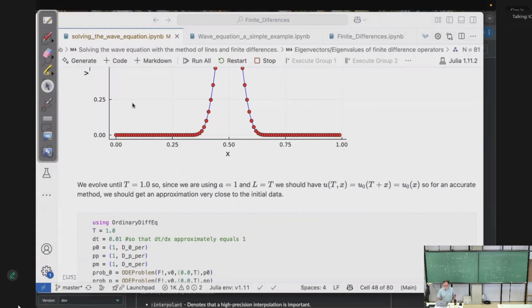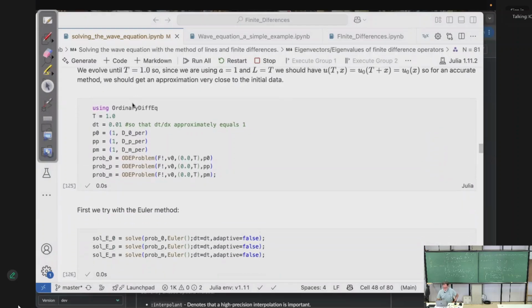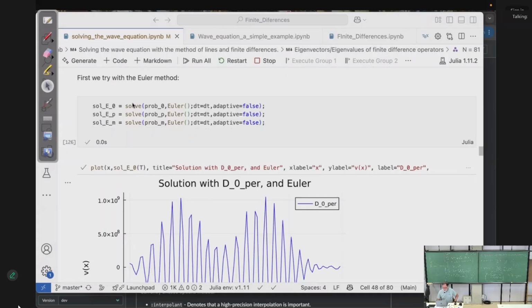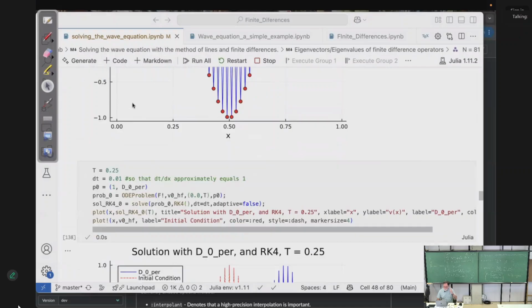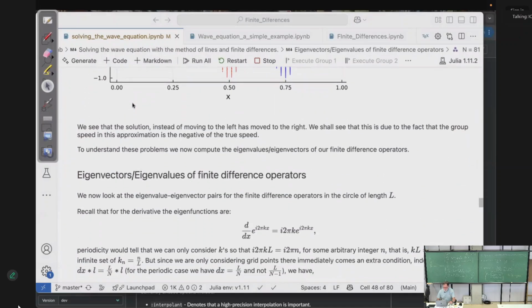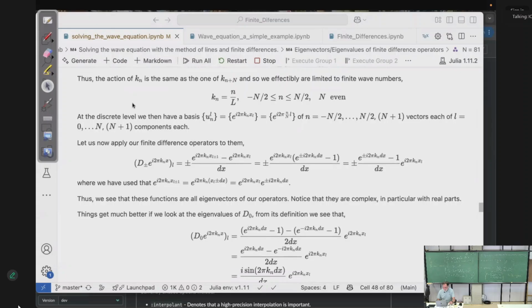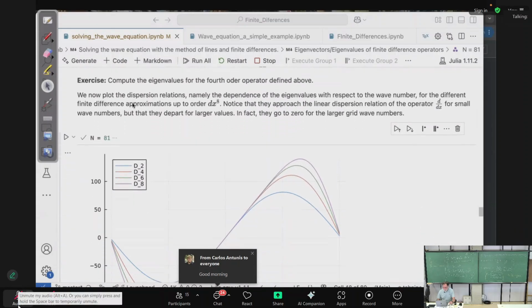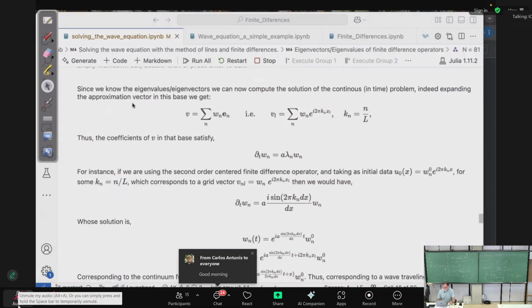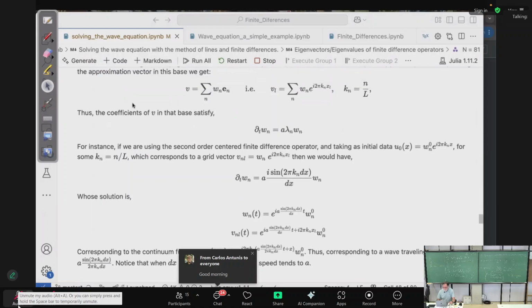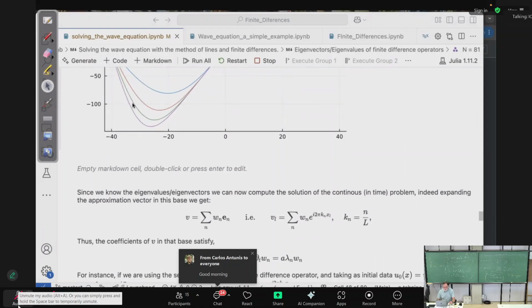So we are going to use now, let me remember what I was doing here. So we have these problems, we have the eigenvalues, eigenvectors. This is the dispersion relation. And so we apply it.